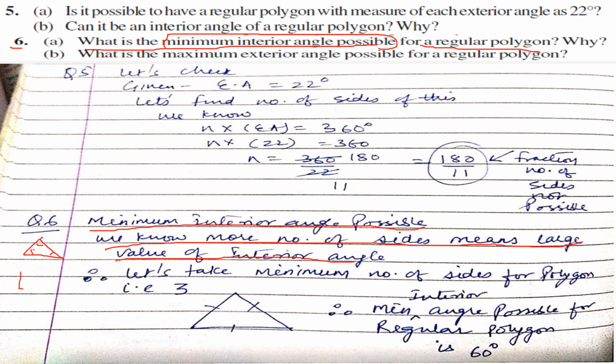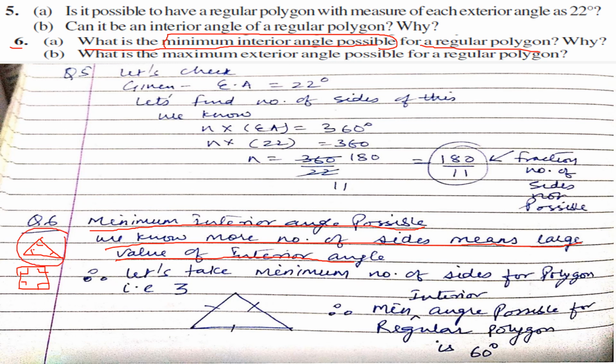In a square the angles are 90, 90, 90, 90. So as we are increasing the number of sides of a regular polygon, the value of equal angles is also increasing. So if we want to find the minimum interior angle, we have to go with the minimum number of sides, and that is only the case of a triangle.